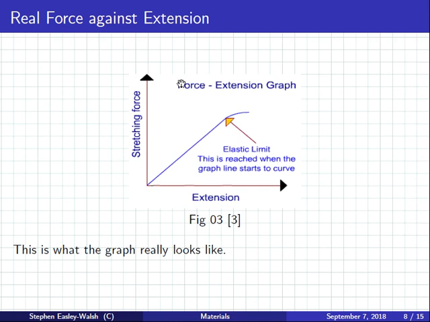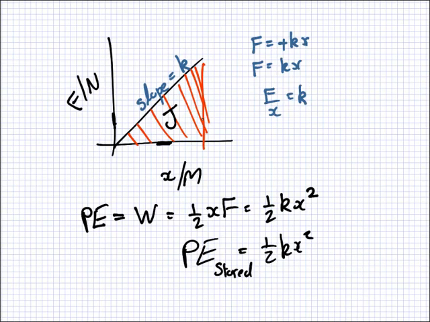Okay. Now, in real life, this is what actually happens. You can keep pulling it and pulling it, but at some point it breaks and it's no longer stretchy. So, I'll give you a picture.